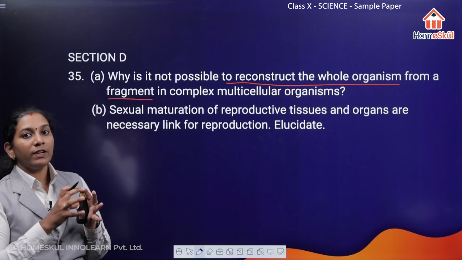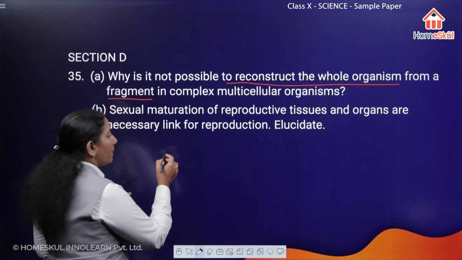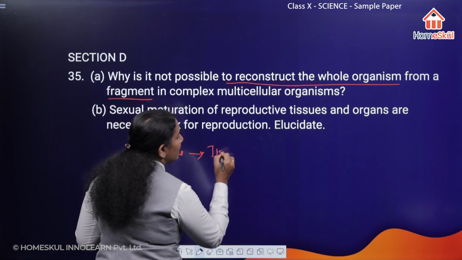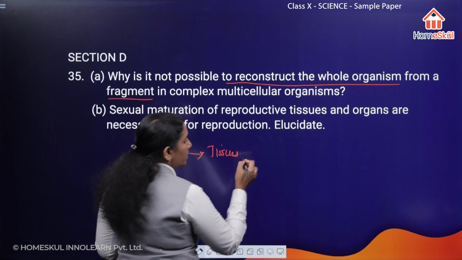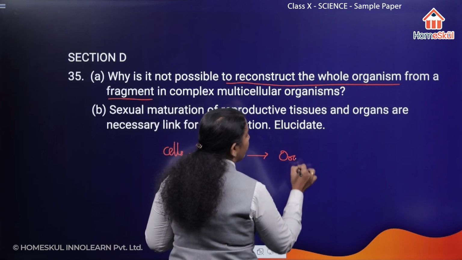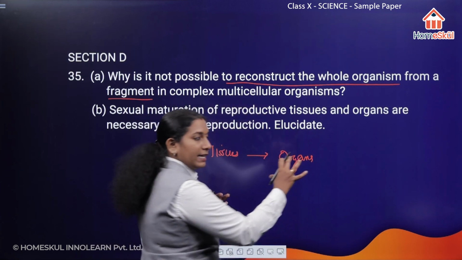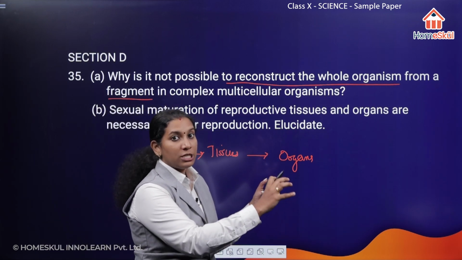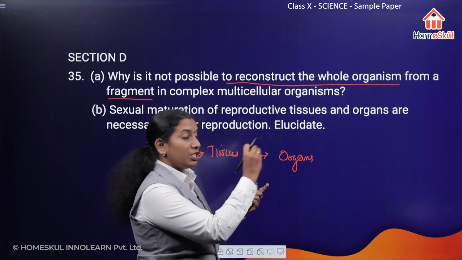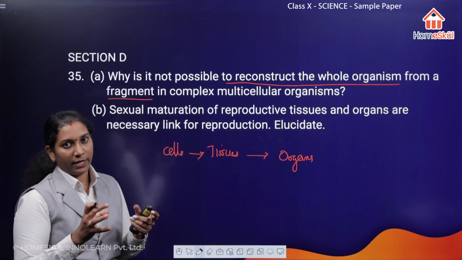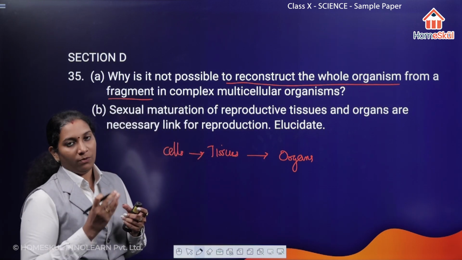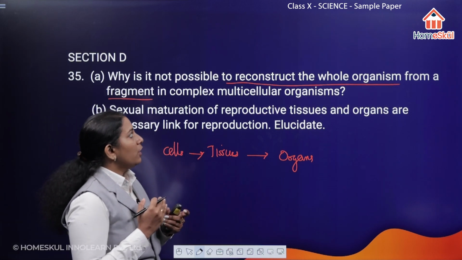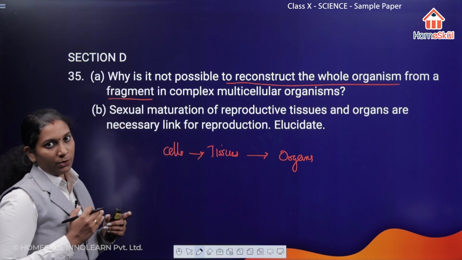A group of cells gets organized and forms tissues, and the tissues get organized and form different organs, and these organs are placed in specific positions in the body of an organism to do a particular function. So this is a multicellular organism.